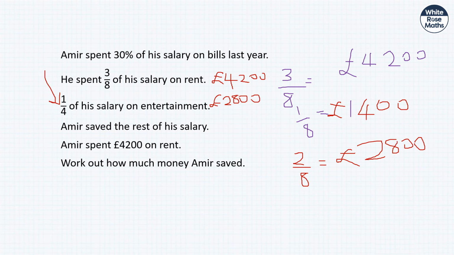And he spent 30% of his salary on bills. So 30% will be equal to 3/10. Now we need to know how much money that is. Working this out, taking our time here, change it to a fraction out of 80, times that by 8, times that by 8.